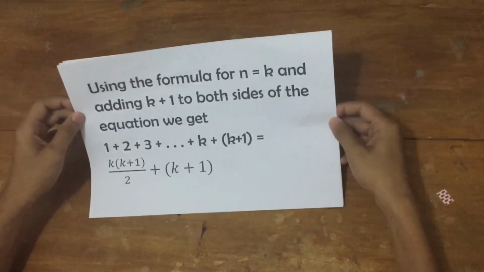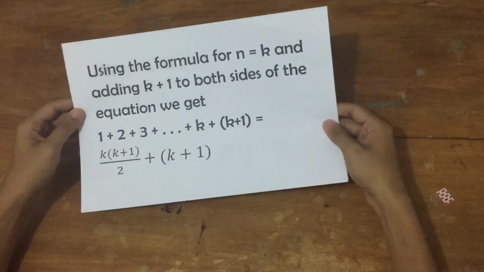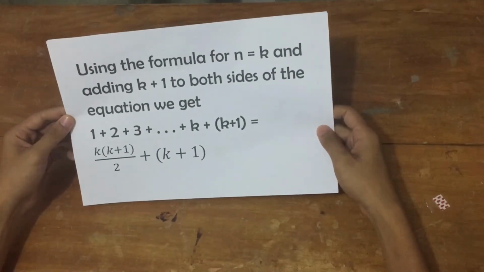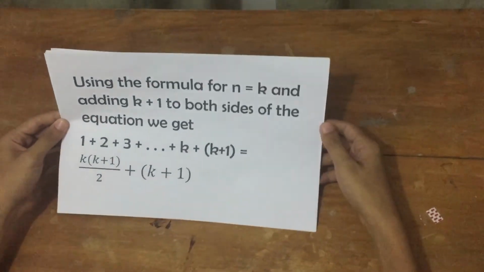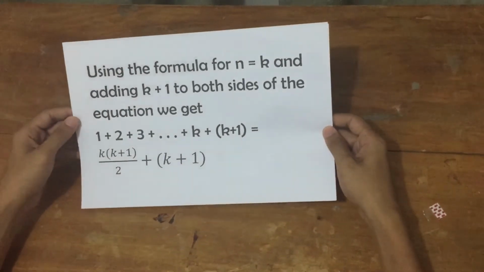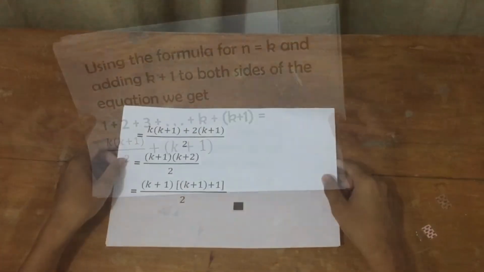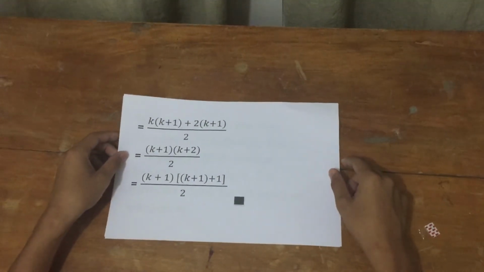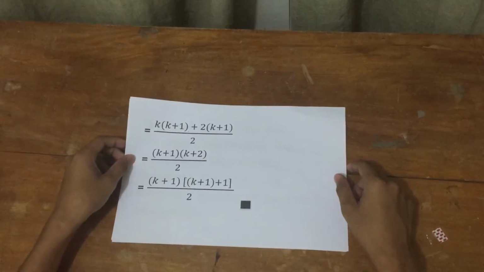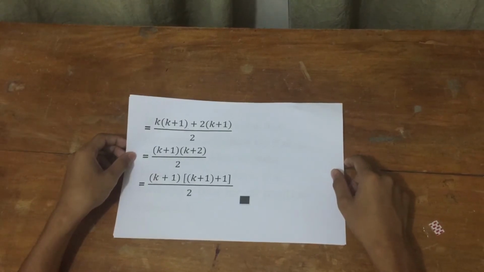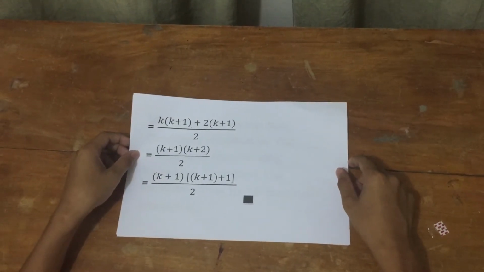So both sides of the equation are added by k plus 1. Now we need to get the LCD to add both sides of the equation. And now that we have the LCD, that is k times quantity k plus 1 plus 2 times quantity k plus 1 over 2.